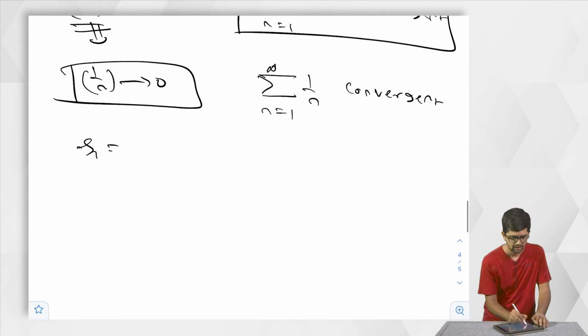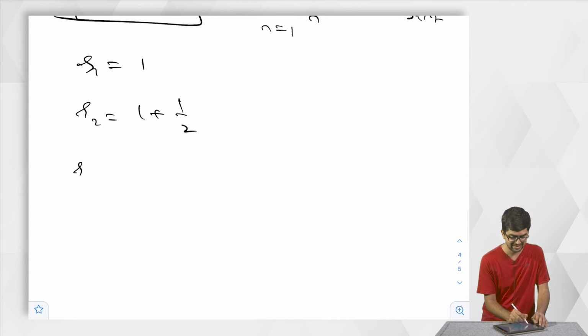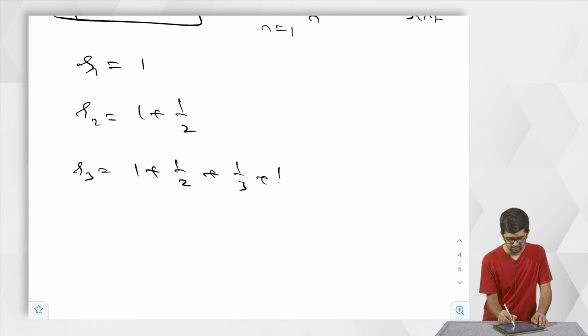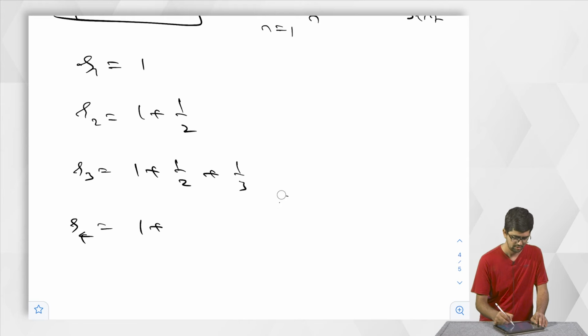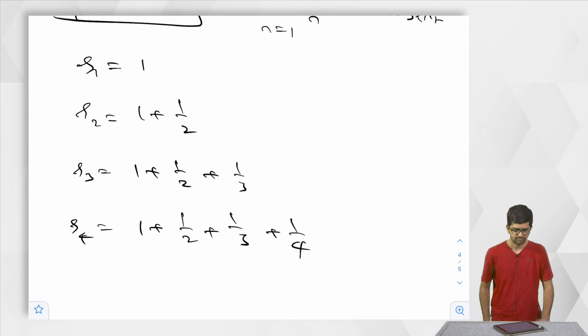So S1 is just 1, S2 is 1 plus 1 by 2, S3 is 1 plus 1 by 2 plus 1 by 3, and S4 is 1 plus 1 by 2 plus 1 by 3 plus 1 by 4.